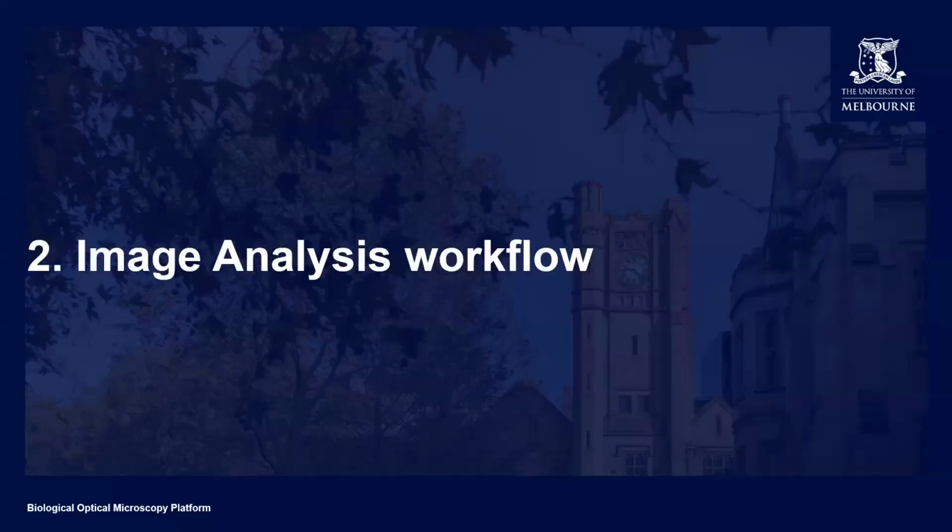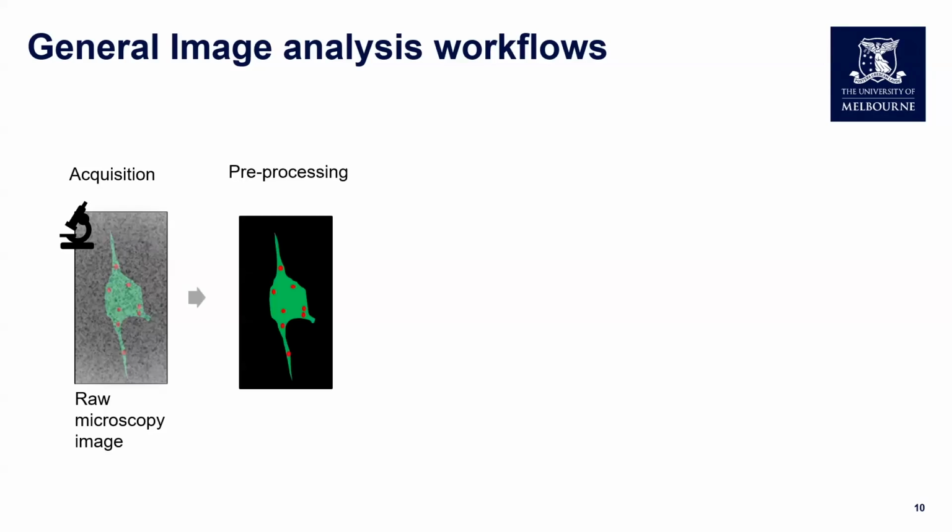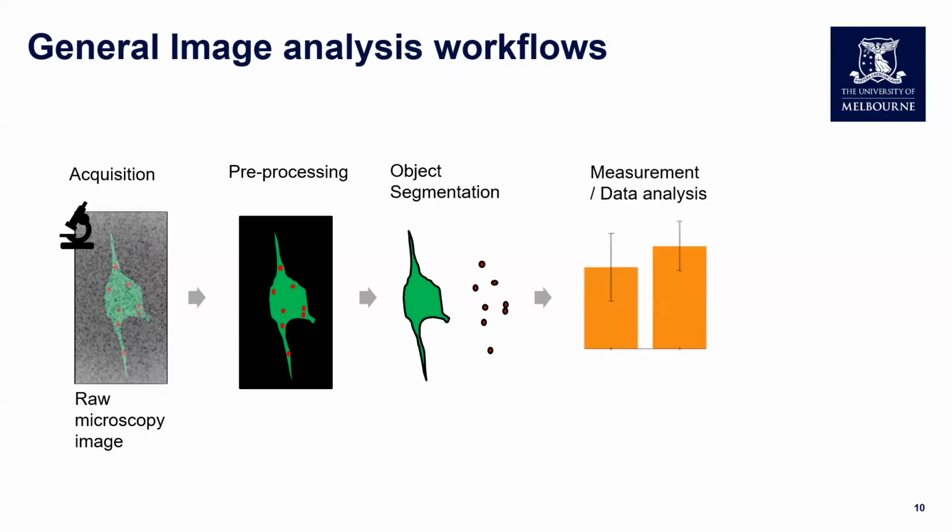Let me introduce the general workflow for bioimage analysis. Starting from raw microscopy images, the general workflow usually involves pre-processing to correct any acquisition defects, and segmentation to detect the objects or define a region of interest, then measurements of the relevant parameters.